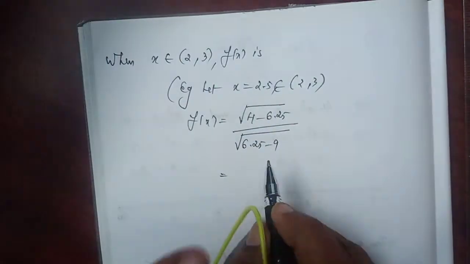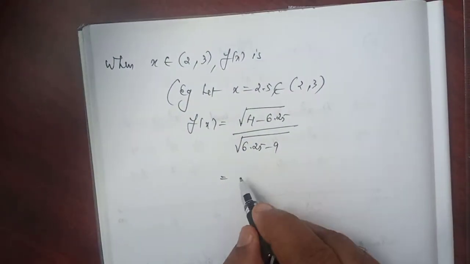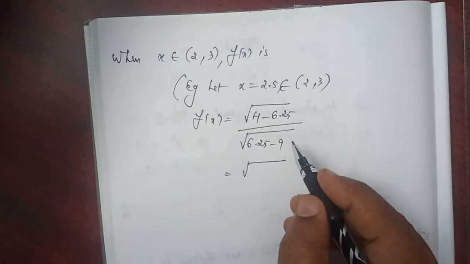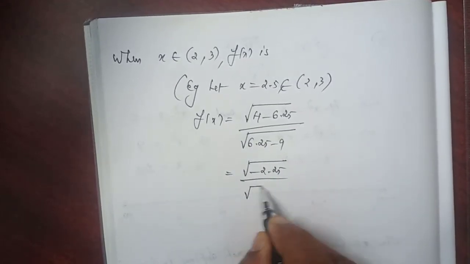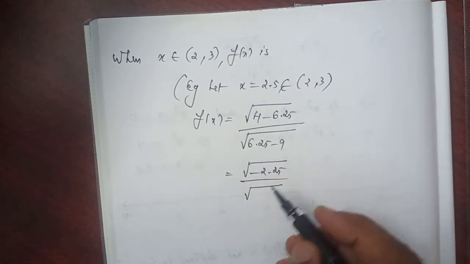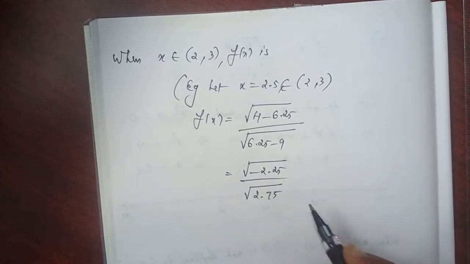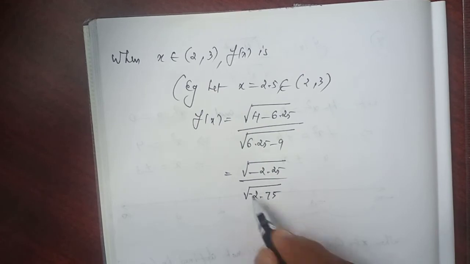That is square root of 4 minus 6.25, which is minus 2.25, divided by square root of 6.25 minus 9, which is minus 2.75.